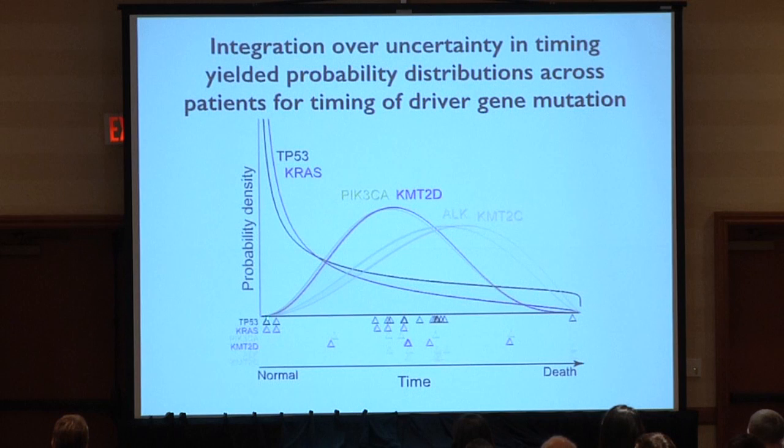And what we did was look at when different genes were inferred to have mutated. So in these cases, this is the median of the branch of a particular phylogeny in which P53 was mutated, or KRAS was mutated, or PI3 kinase was mutated. And we mapped those to this 0 to 1 scale, and then inferred the distribution of when those mutations occur.